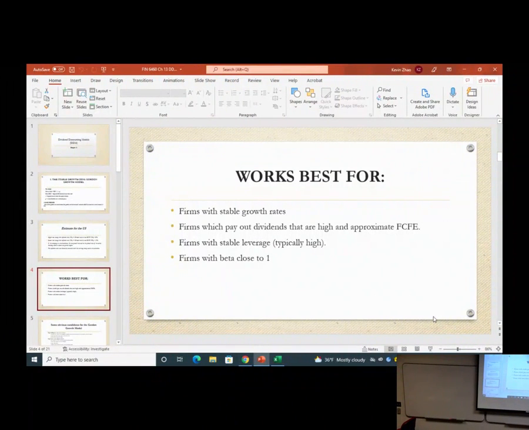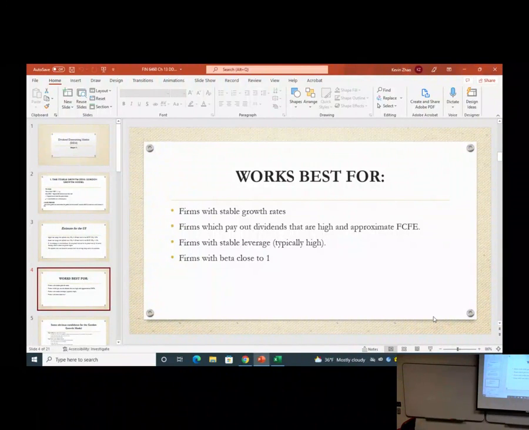And here are the limitations. You can apply the dividend discounting model to a company with stable growth. It's not good for smaller companies. Medium-sized companies, small companies, no good, because they don't pay dividends. Simply put, they don't pay dividends. They need to grow. And second, the company pays out dividends that are about equal to the amount of free cash flow to equity.